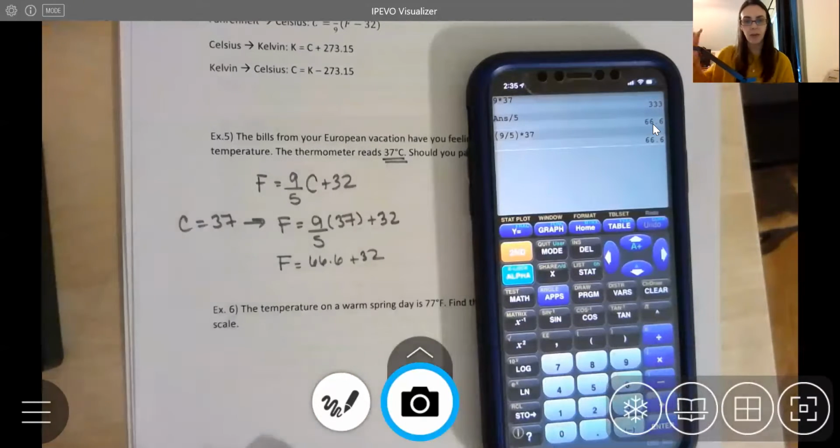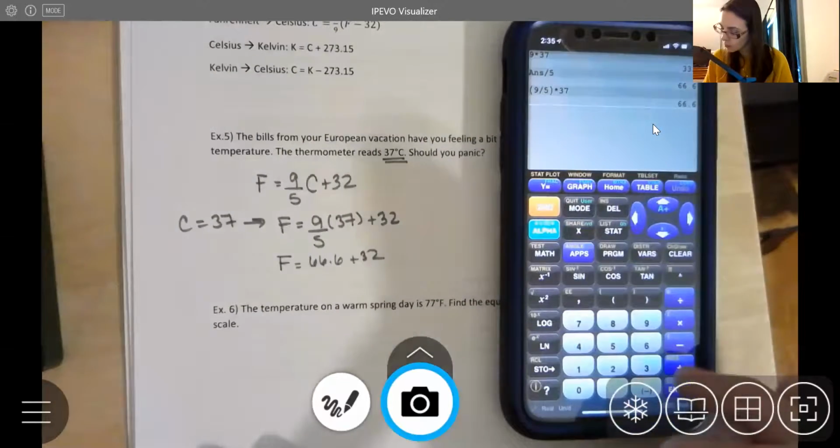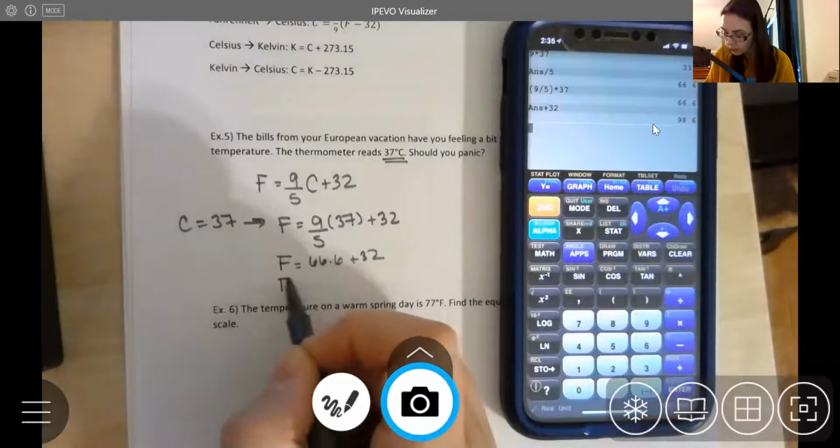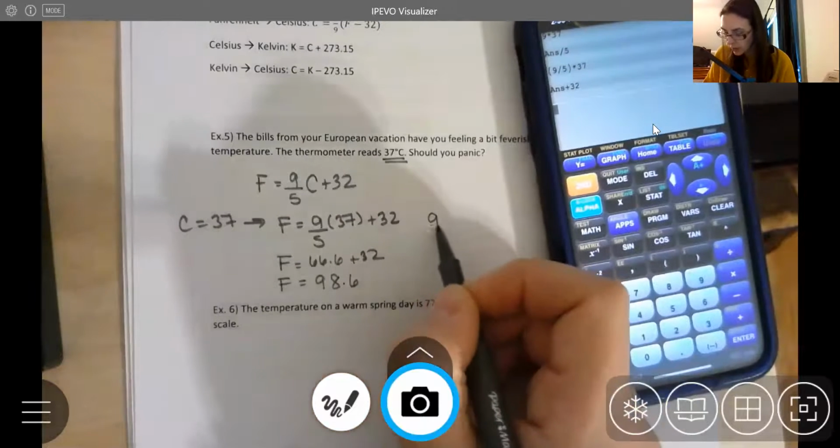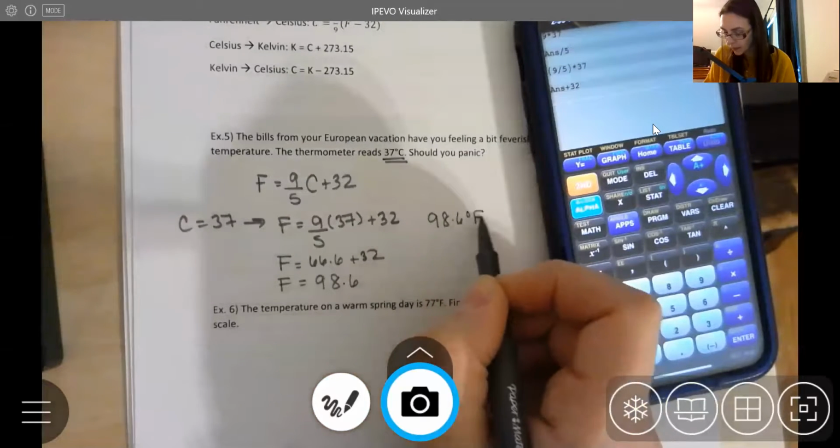Either way is okay, but you need to make sure that you're multiplying the right numbers together here. And then when I add the 32, I get 98.6. So this answer is 98.6 degrees Fahrenheit.